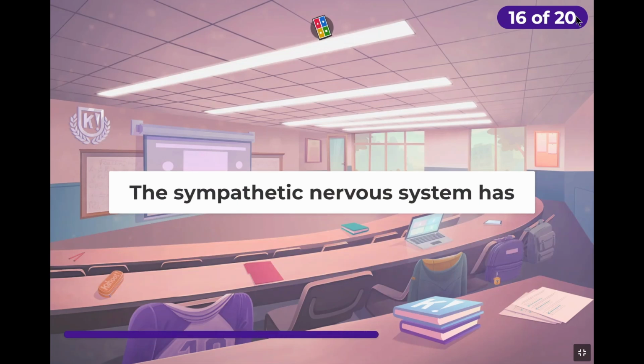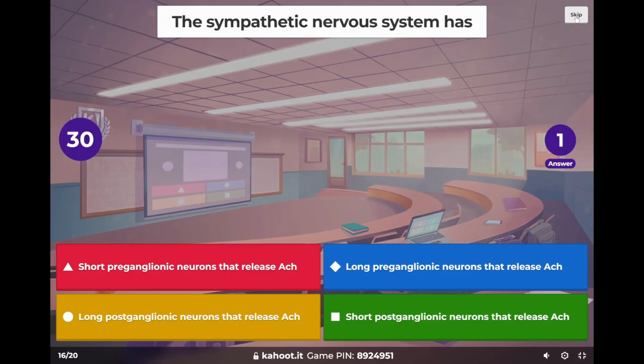Okay, what about the sympathetic nervous system? Short preganglionic, that releases acetylcholine. Long preganglionic, that releases acetylcholine. Long postganglionic or short post? All sympathetic nerves will always have short preganglionic. Why is it short preganglionic?